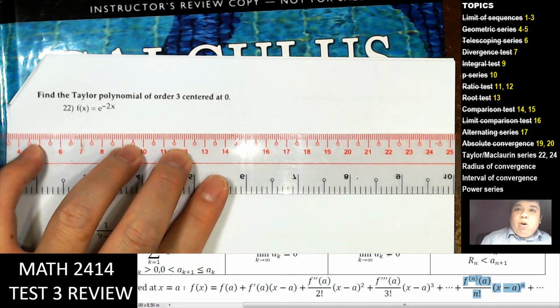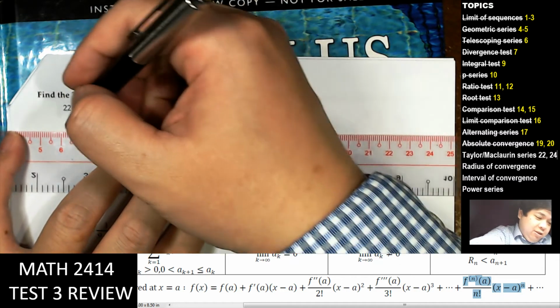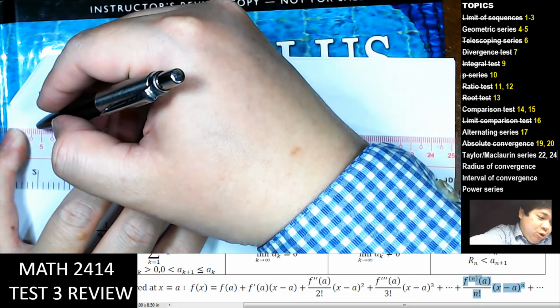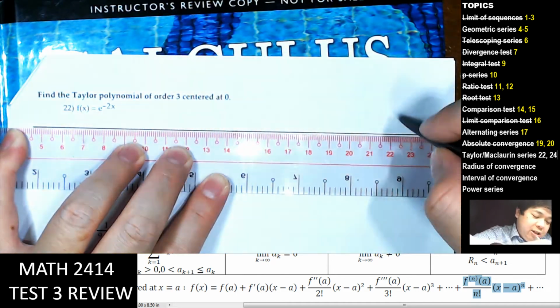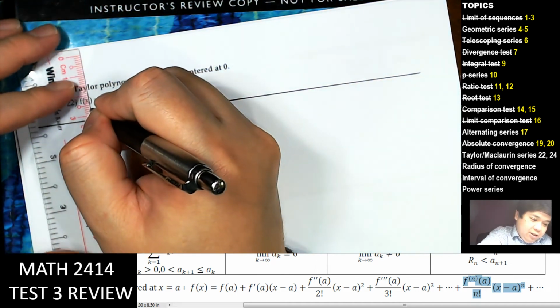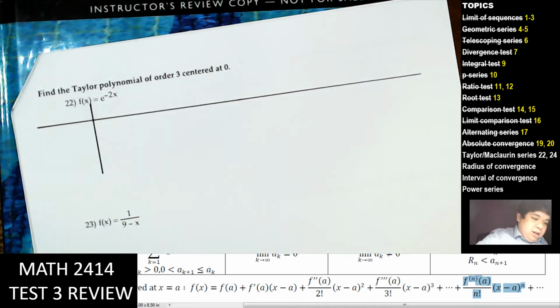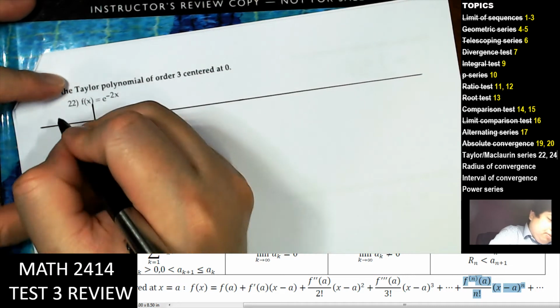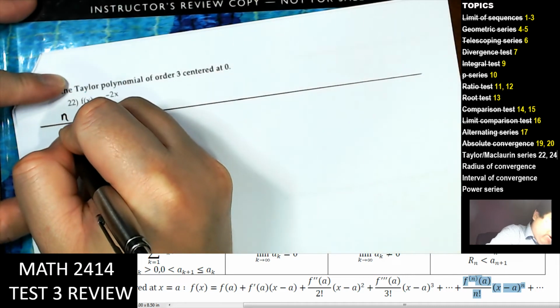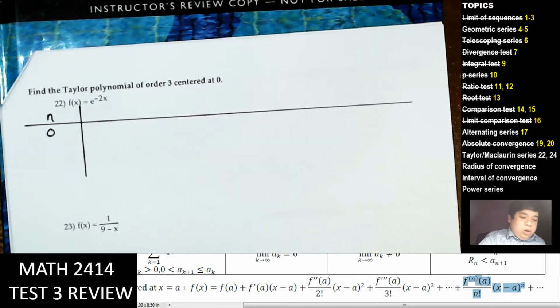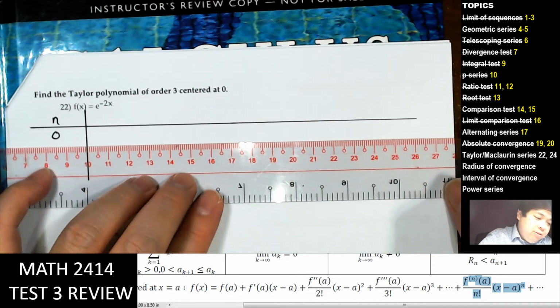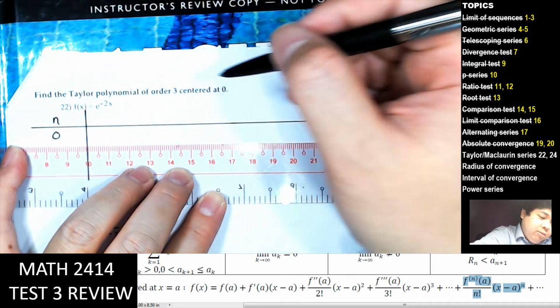So notice in the formula we have three things: the derivative, the n factorial, and that term. We need three terms, so we can choose n equal to 0, then 1, 2, 3, and that's it.